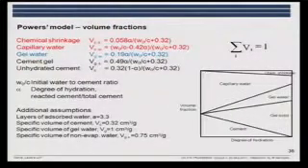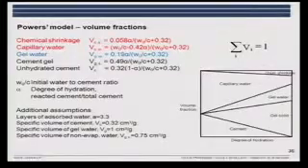So based on this, he came up with these equations for the volume fractions of the chemical shrinkage, the capillary water, the gel water, the cement gel, which is all the solids, the solid reaction products, and then the unhydrated cement.